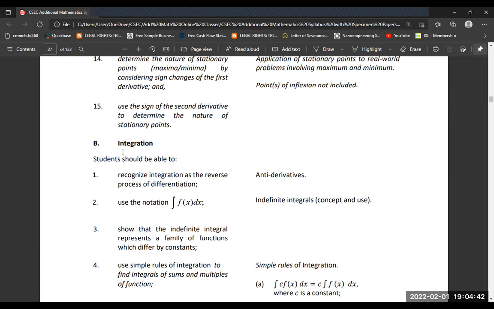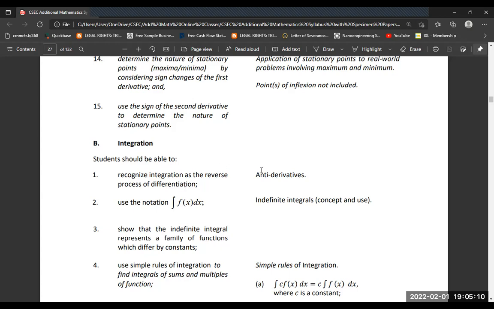So what exactly does the syllabus require you to know? First thing, students should be able to recognize integration as the reverse process of differentiation. That's why I said they're linked. You need to know about differentiation in order to do integration, right? So, yeah, that's why I said if you're confused anytime along the way, just let me know, right?